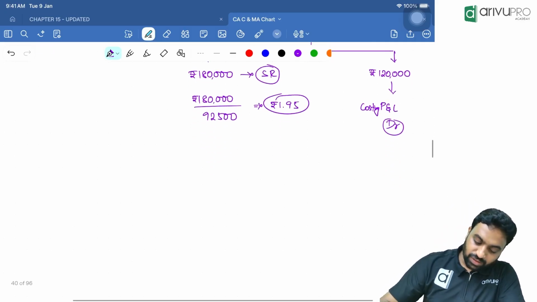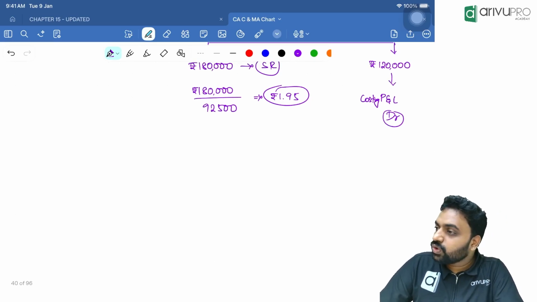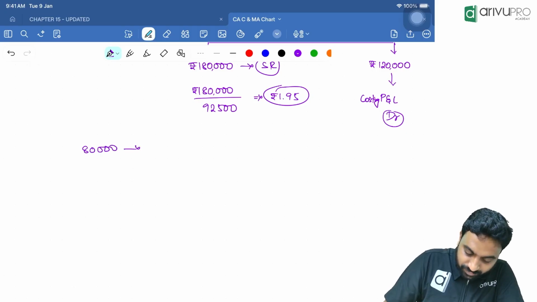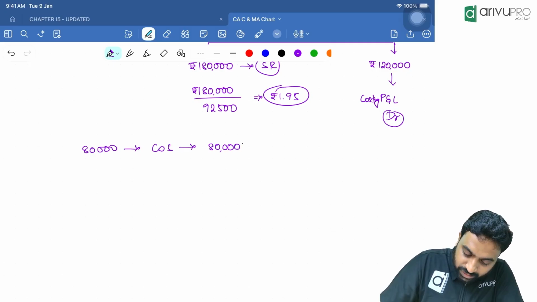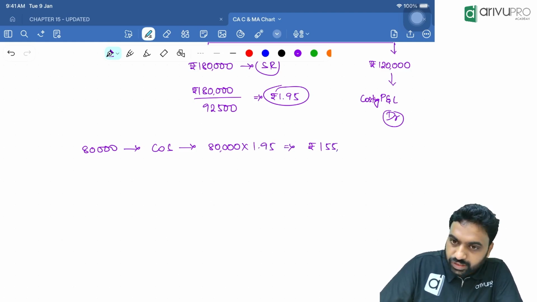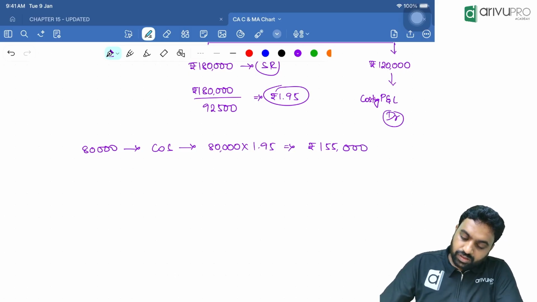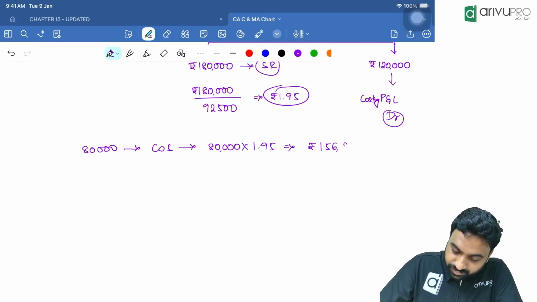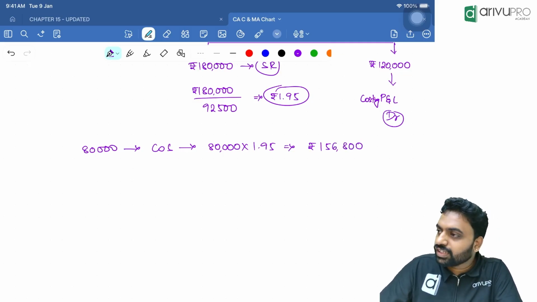Out of that 90,000, 80,000 was sold during the period. That means 80,000 units will go to cost of sale. How much? 80,000 into 1.95, that is 1,55,000. It depends on whether you have taken 1.95 and all those things.